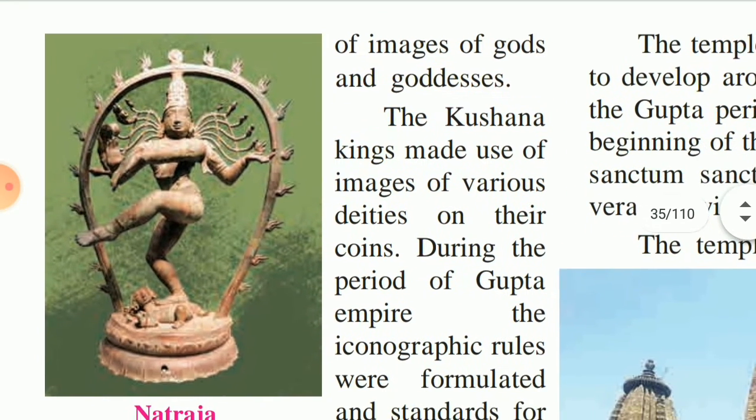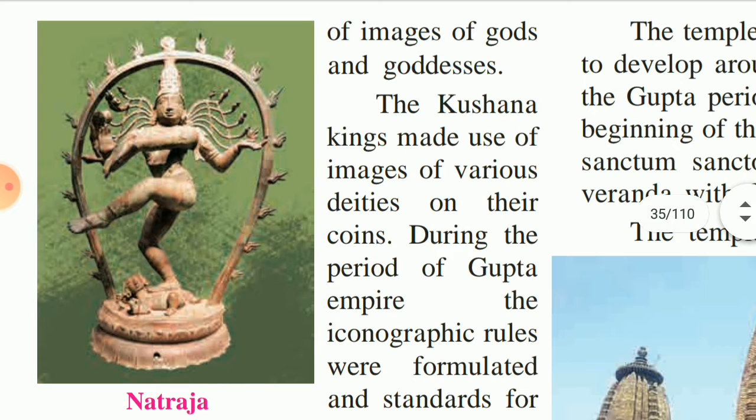You could see here in the picture Lord Shiva depicted, dancing Shiva, which is considered as Nataraja. Different postures he has been depicted in over here. So iconography means making of images of gods and goddesses.